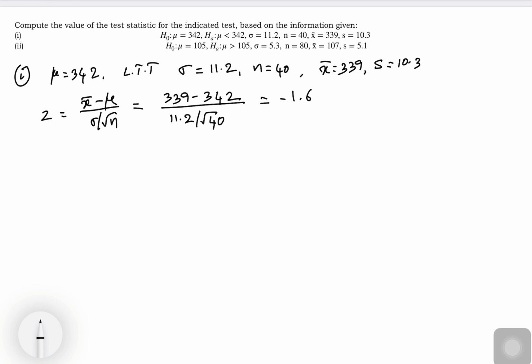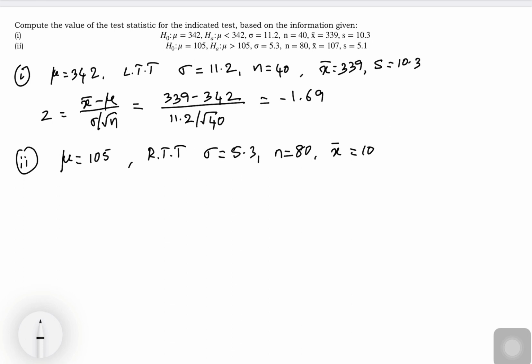which is equal to minus 1.69. For the second case, we have mu is equal to 105, and the alternate hypothesis is mu greater than 105. So this is a right tailed test. Sigma is given as 5.3, n is 80, x bar is 107, s is 5.1.